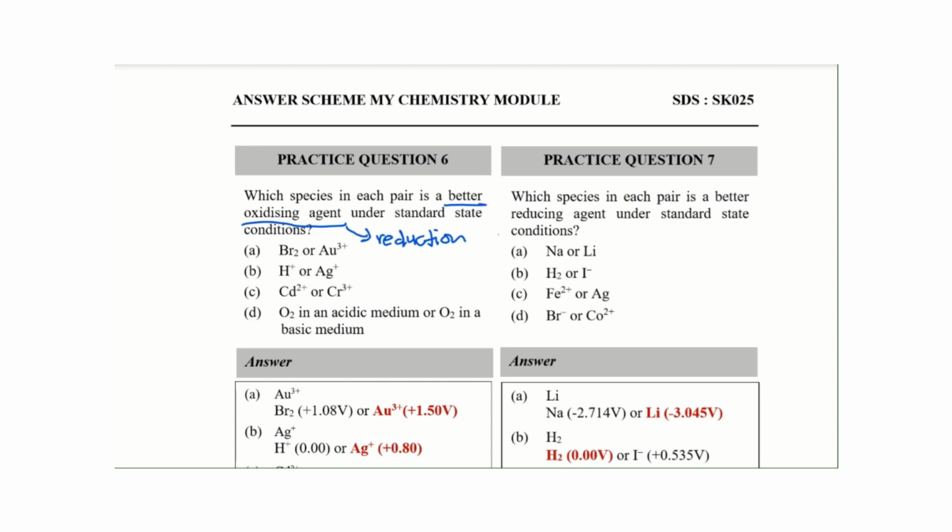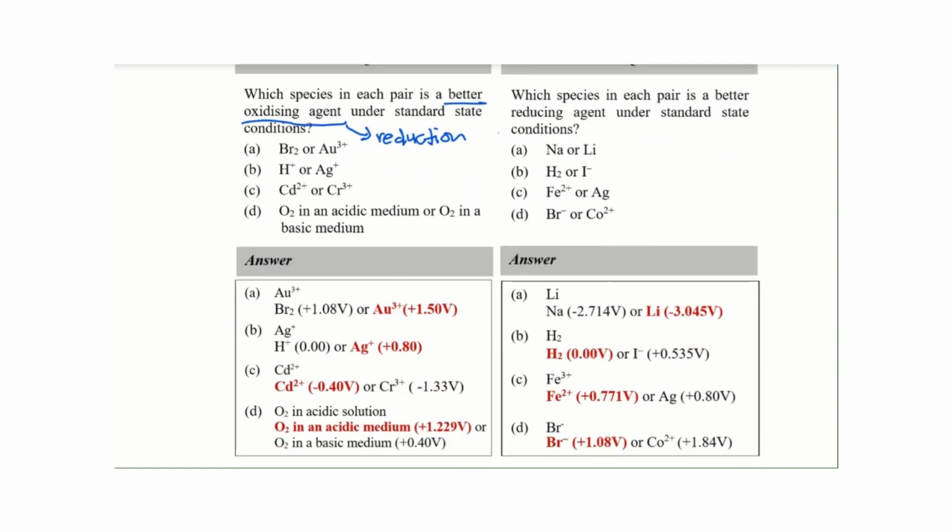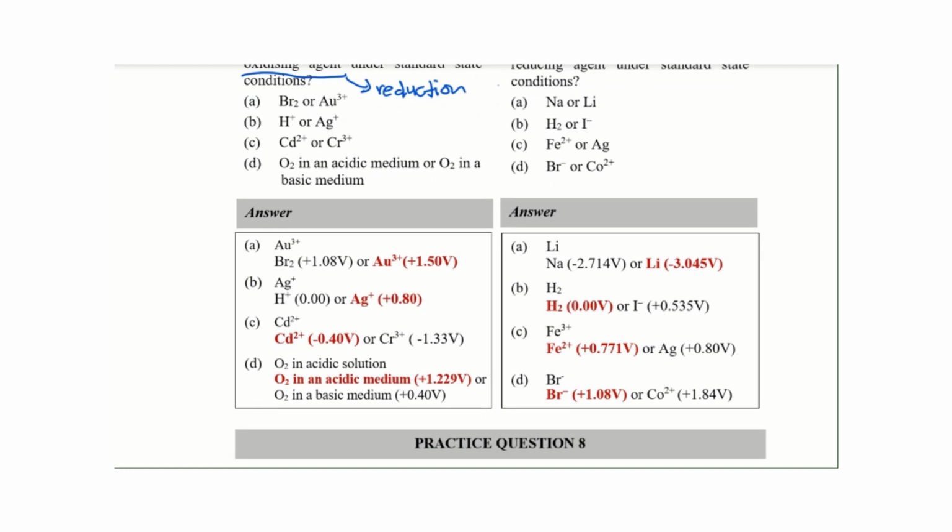A, Br2 or gold ion. According to the standard reduction potential table, Br2 gas E naught is positive 1.08 volt, and gold ion is positive 1.5 volt. So we have to compare which value is more positive. The answer is gold ion.